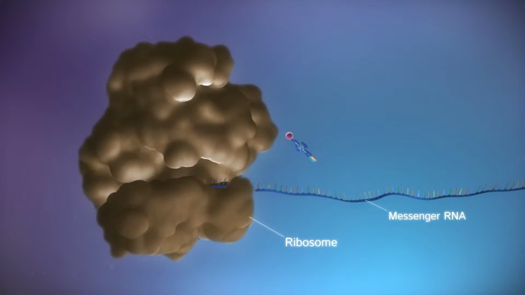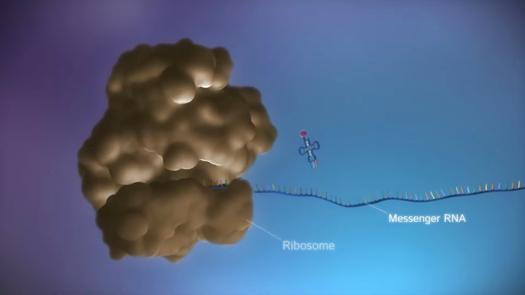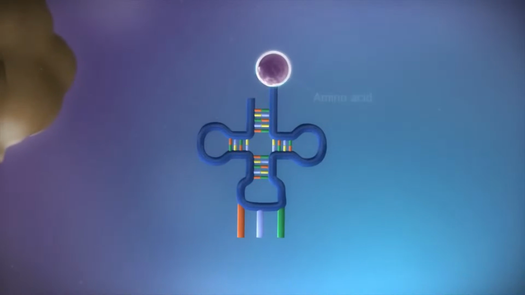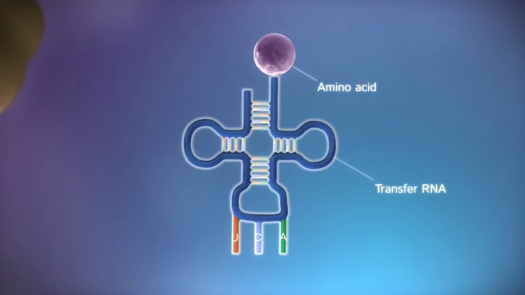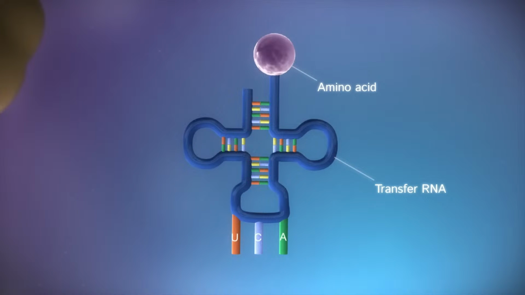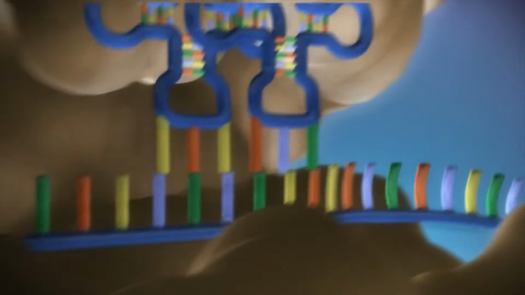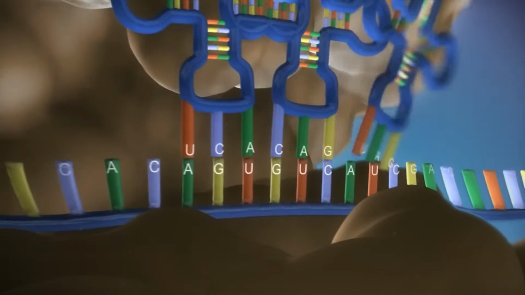The ribosome reads the code in the messenger RNA to produce a chain made up of amino acids. There are 20 different types of amino acid. Transfer RNA molecules carry the amino acids to the ribosome. The messenger RNA is read 3 bases at a time.